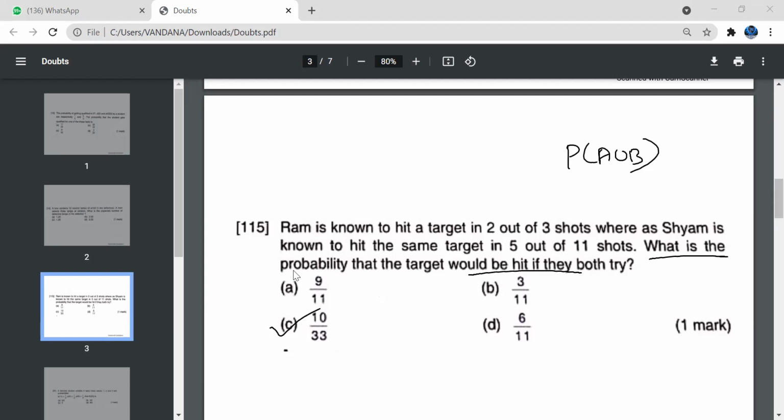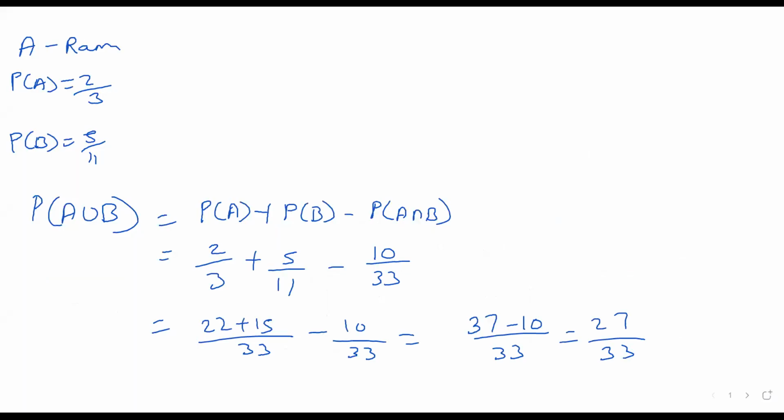There is one more way. I'll come back to the question. I'll tell you there is one more way of solving this. What is the probability that the target will be hit? It means the target should be hit by at least one of them. So I may say that none of them hits the target. A will not hit in 1/3 and B will not hit in 6/11.